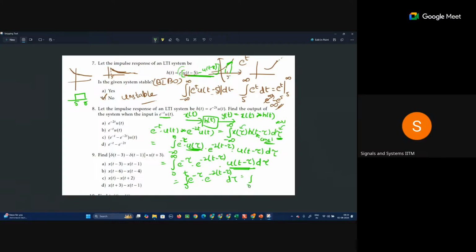So if you compute this, it will be e power minus 2t. If you multiply, it will be 2 tau minus tau.